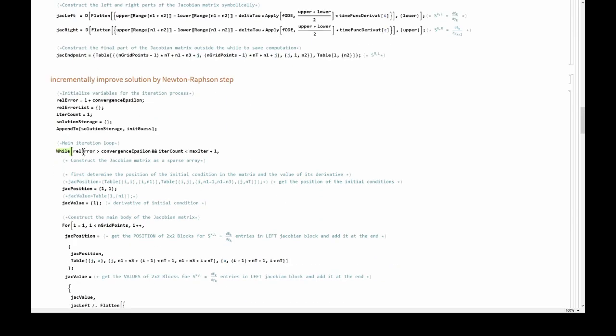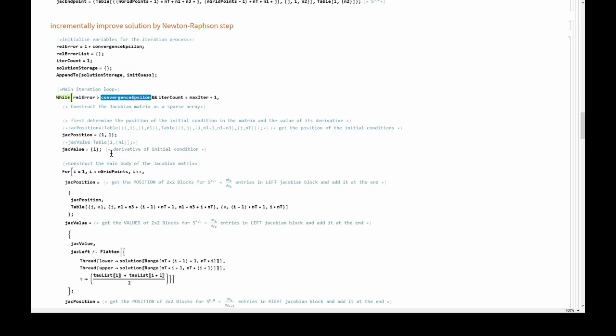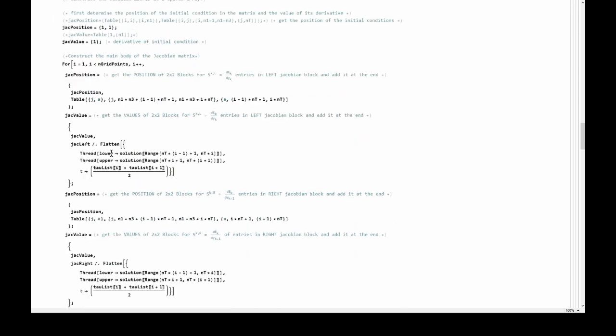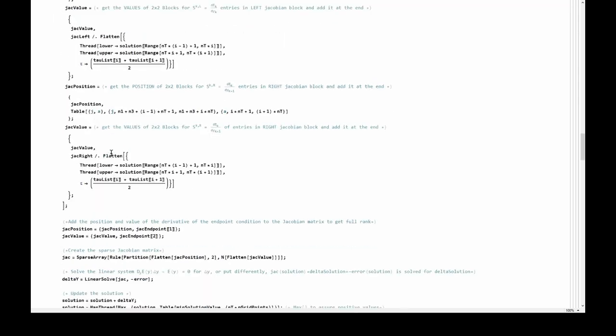Because up there for the while loop, we say as long as this number, which we just calculated, the mean absolute error, is larger than some convergence epsilon, which is a very small number, we keep on going, right? We keep iterating, and if we're small enough, we stop, and we get to pick what is small enough.